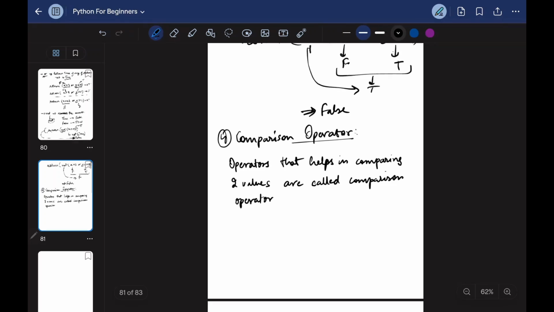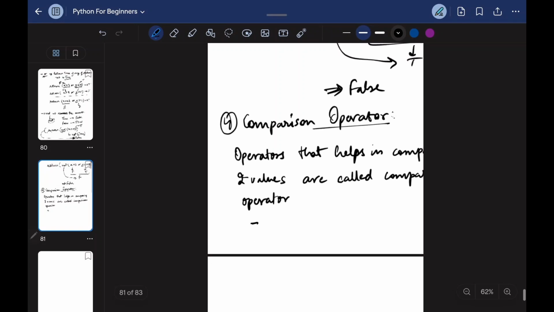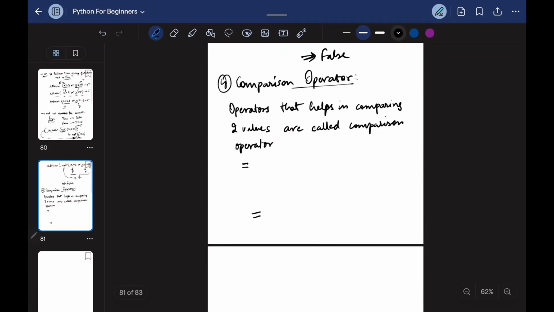So comparison operators are as follows: equal to sign. This is used to check if two variables are equal, and can be used as a equal to b.